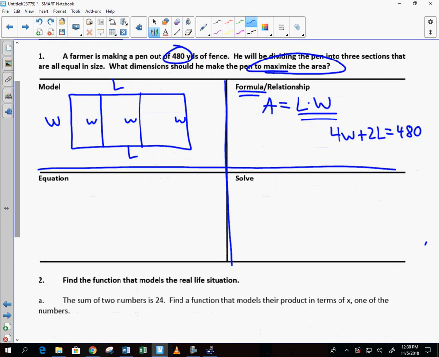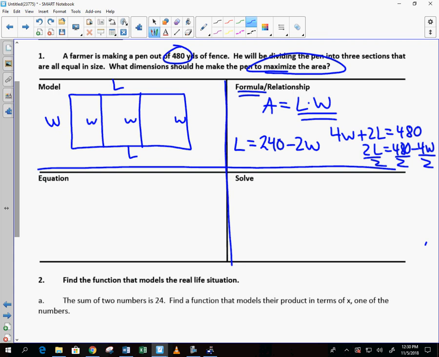I'm going to solve for L. 2L is 480 minus 4W. I'll divide by 2. And I get L is equal to 240 minus 2W. So what now?